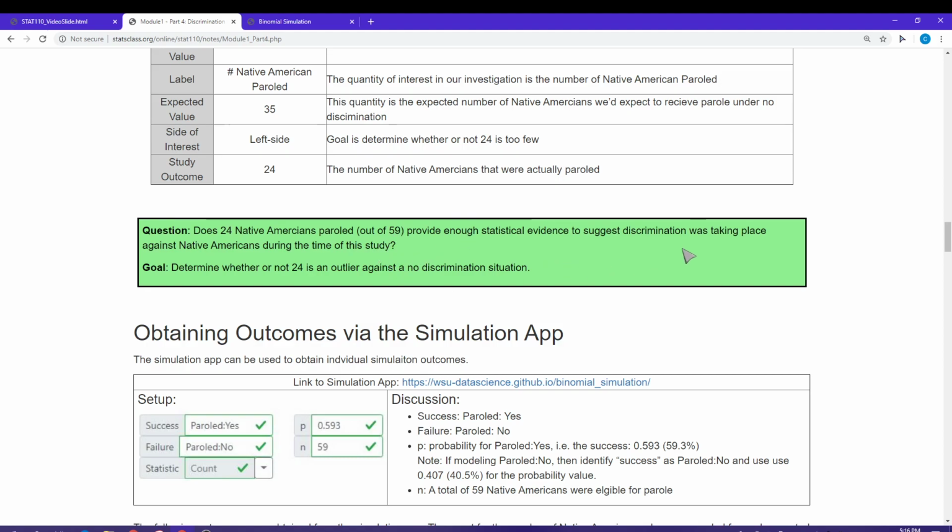So data here was gathered just from the Nebraska Penal and Correctional Facility, so I can only make decisions about what's happening in the state of Nebraska during the time of that study. So how we answer that question is simply to determine whether or not 24 is an outlier against a no discrimination situation. Again, I can fairly build the reference distribution for a no discrimination situation.